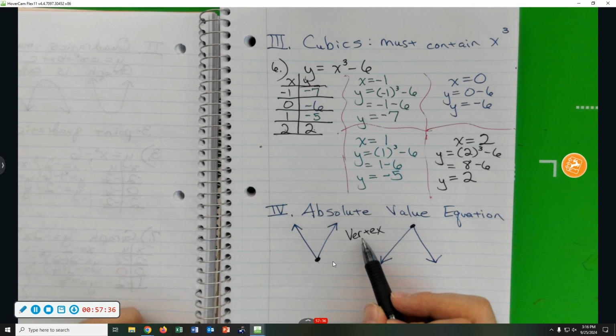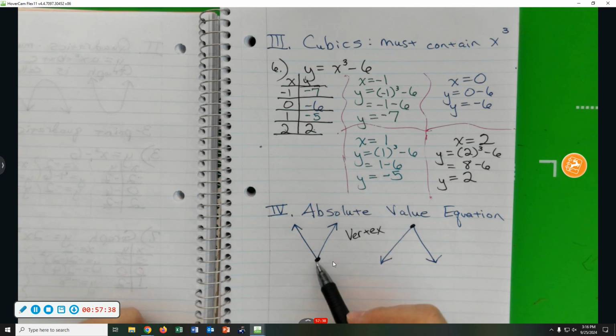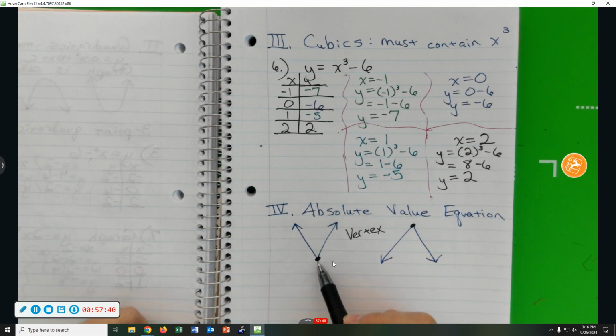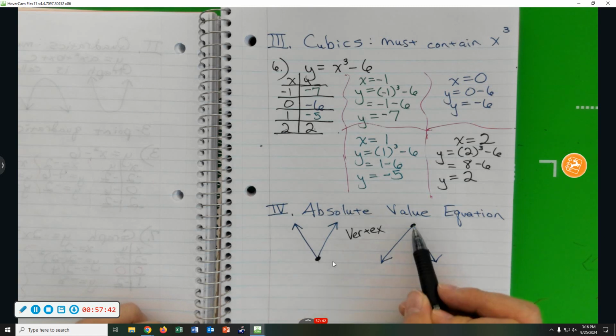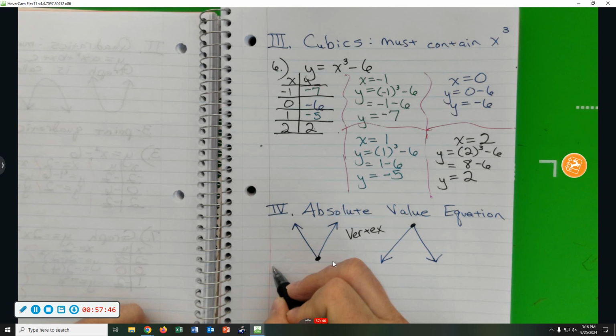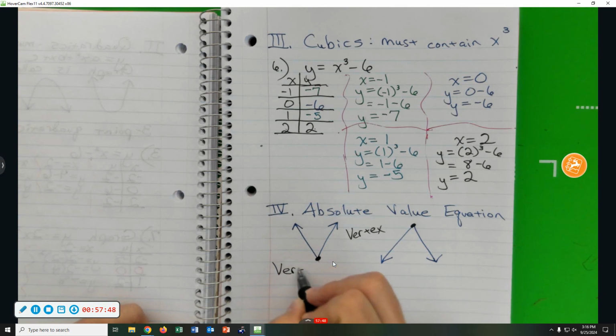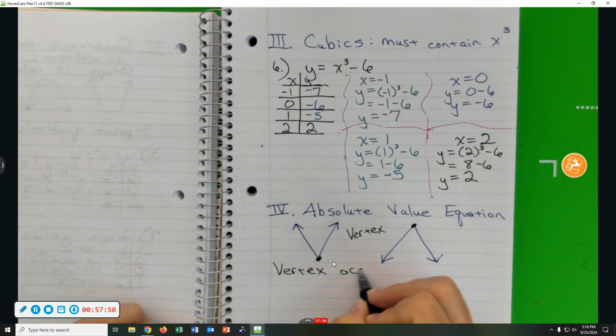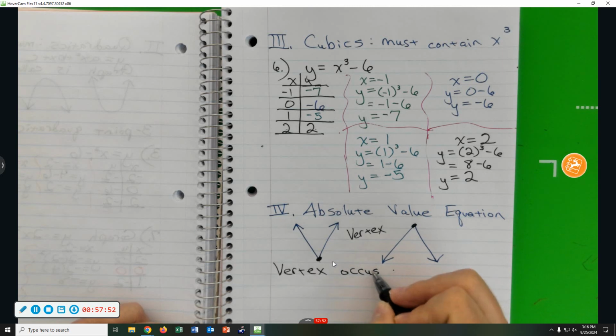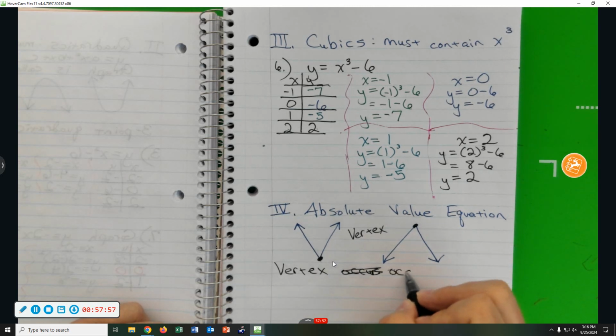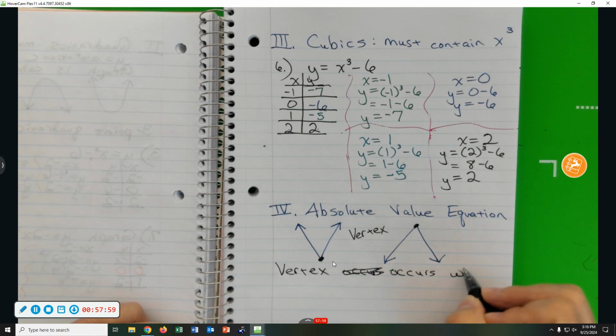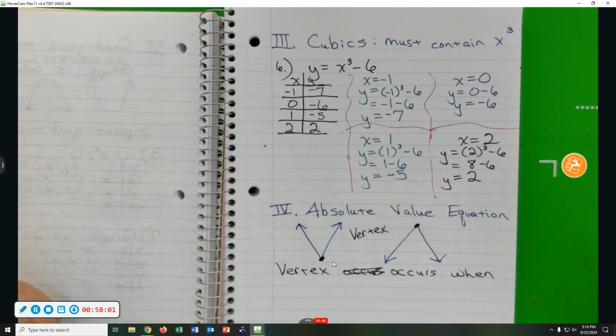But for now, for absolute values, the vertex is that point where it's changing directions, and you can determine the location of the vertex because the vertex occurs when the expression inside the absolute value bars is equal to 0.